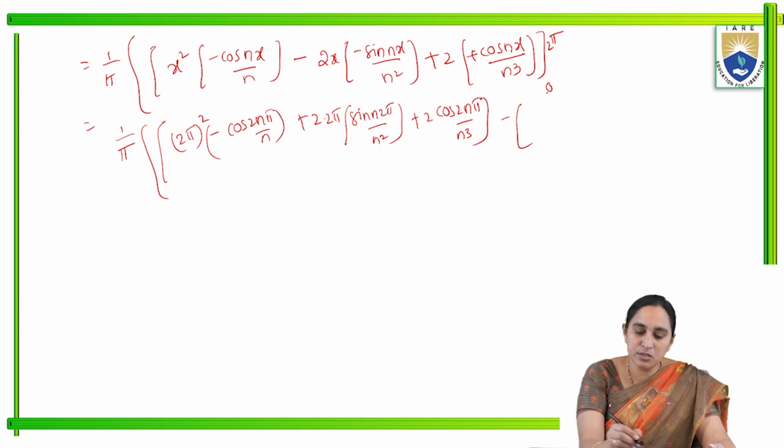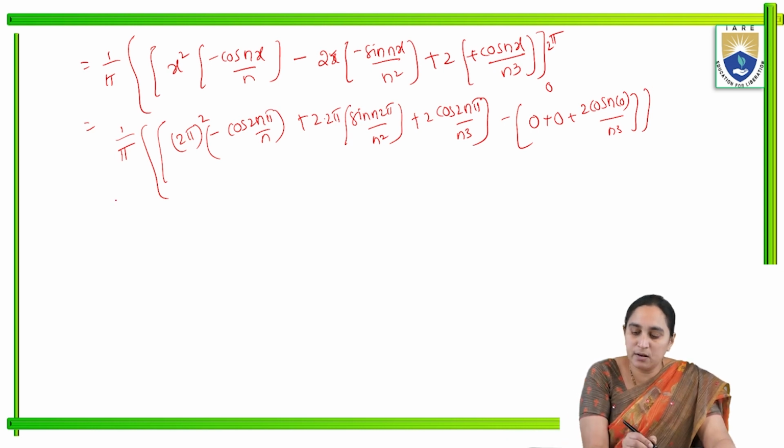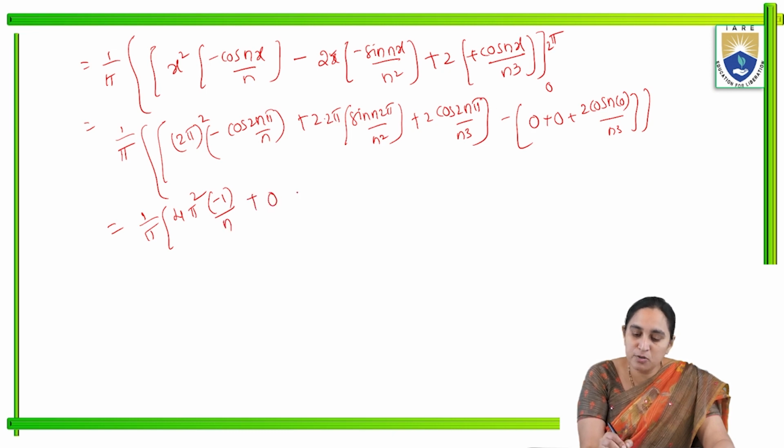minus of, if you are substituting 0, first term is 0 and here substituting 0, that is also 0, plus 2 into cos n of 0 by n cube. That is 1 by pi into there 4 pi square cos 2n pi value 1, there minus by n, sin 2n pi value 0 and 2 by n cube into cos 2n pi value 1, and next minus of 2 into cos 0 value 1 by n cube.